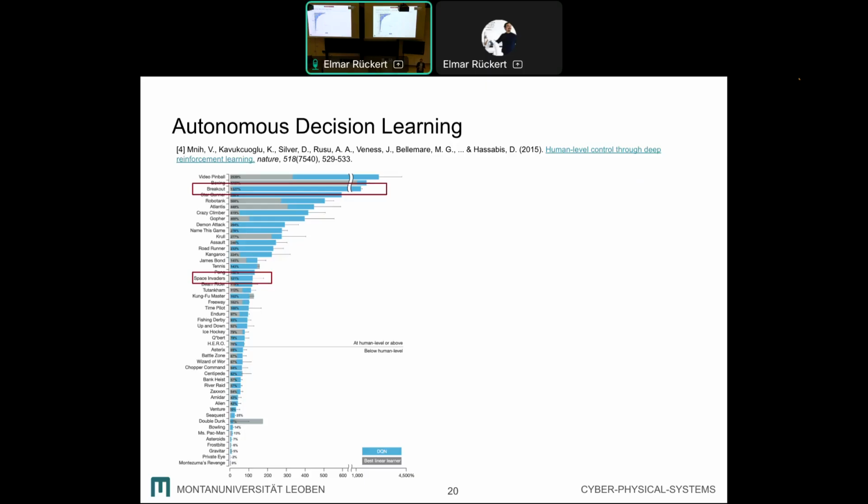A human player would learn every game. Regardless of which game you play, after a few milliseconds, you would be the expert. You switch. So here, expert systems have been trained for particular computer games.